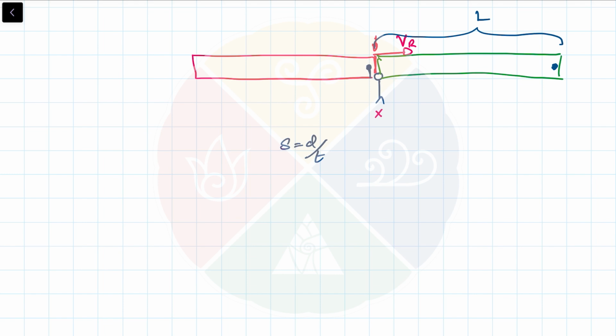We know that speed is equal to distance by time. The time taken to pass this person is t, and instead of distance we write the length of the train, and instead of speed we write the relative velocity. So relative velocity into time is equal to the length of the train.